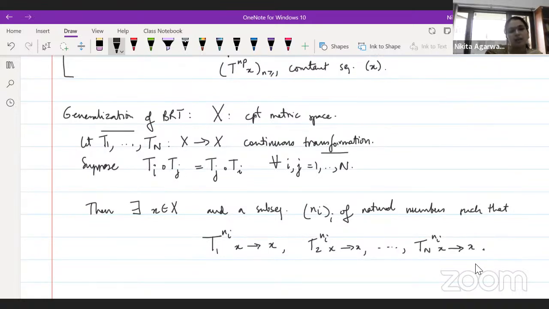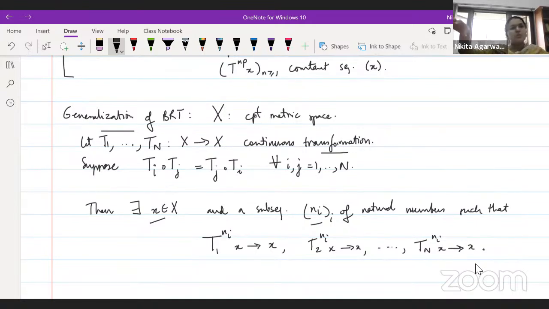Here we are saying that no matter which T map you take, whether T1, T2, or Tn, there is a fixed x and there is a fixed sequence such that this happens. So there is a common subsequence that has this property. Okay.